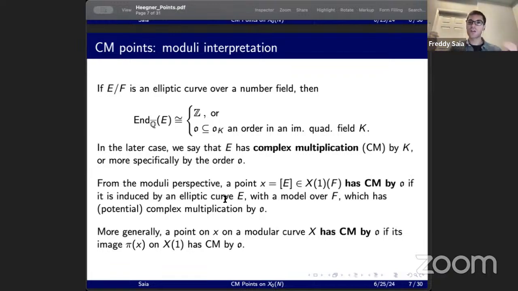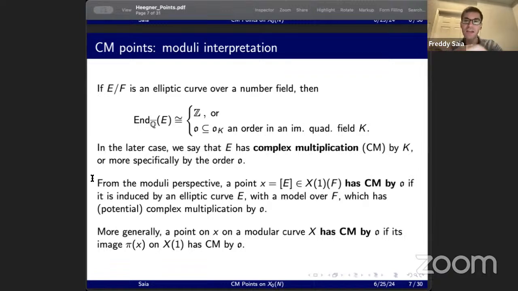And then the notion of being OCM is preserved along fibers of these natural quotient maps between modular curves. So if you take any other modular curve, a point on it has OCM if its image on the J line has OCM. So equivalently, it has OCM if it's induced by an elliptic curve with OCM plus extra level structure.